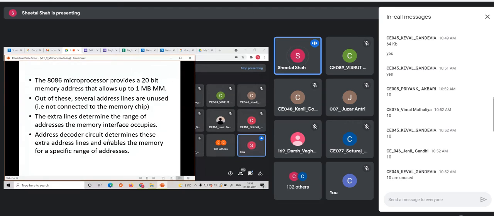The extra lines determine the range of addresses the memory interface occupies. What would be the range of addresses allocated for this particular 1 kilobyte of memory?